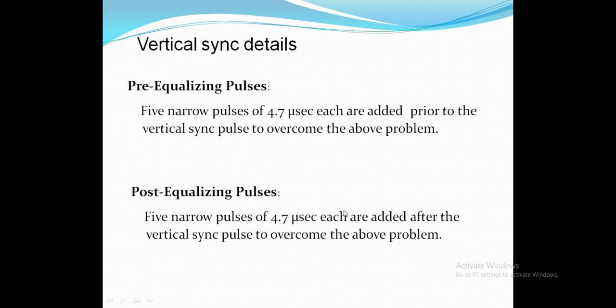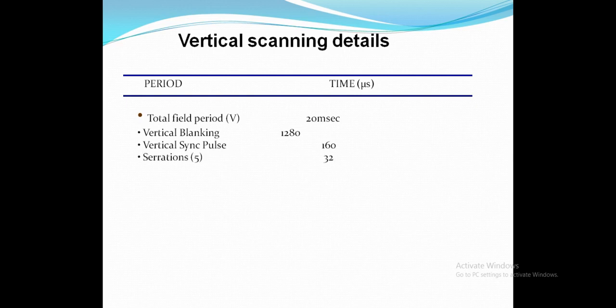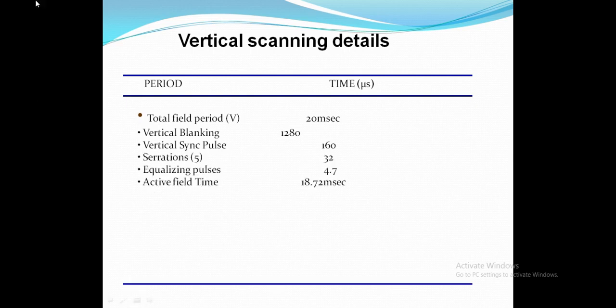Next, post-equalizing pulses. Here also the same: 5 narrow pulses of 4.7 microseconds each are added after the vertical synchronizing pulse to overcome the above problem. Okay, so see here, total field period is 20 milliseconds.